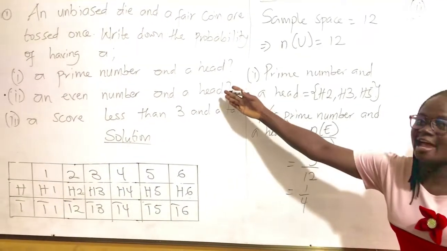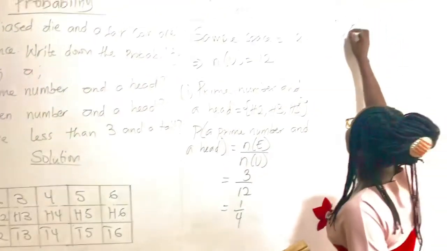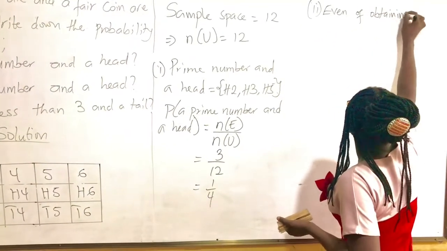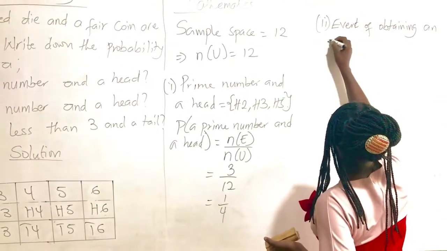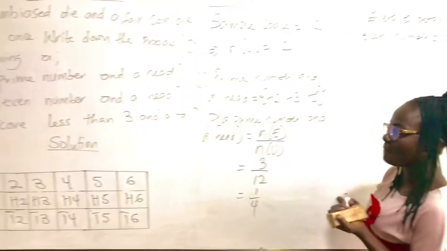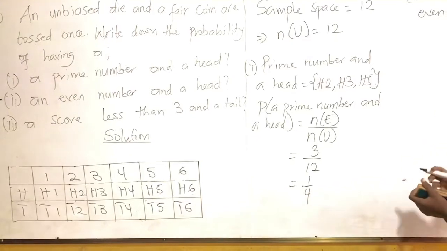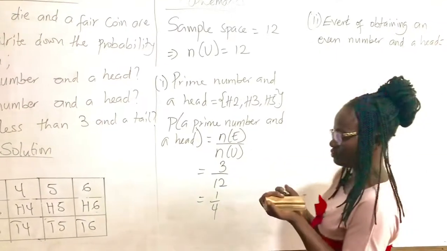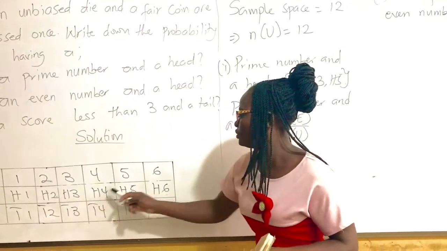Even number and a head. So let's look at the events of obtaining an even number. Now we go back to the board. Events of obtaining an even number and a head. So we come to the head column. Those that are an even number and a head are 2, 4 and 6.